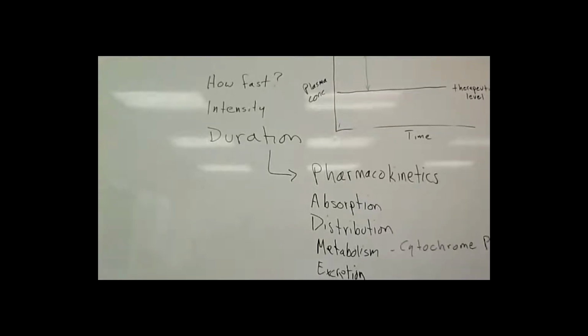But the generics are copies of drugs that have already been proven to be safe. So the generic industry does not need to spend hundreds of millions of dollars developing a drug. What they do is develop their formulation of the drug, which quite often is exactly the same as the original.